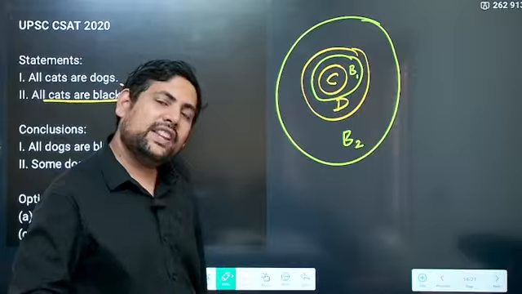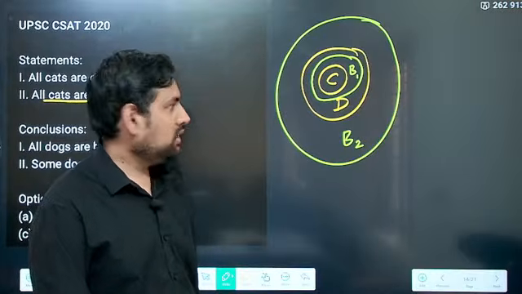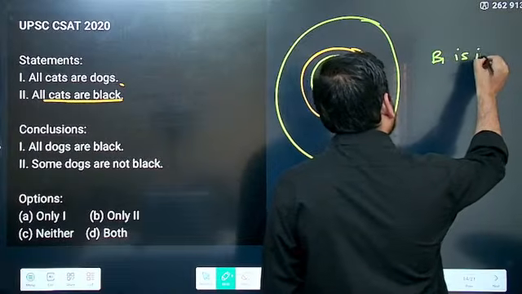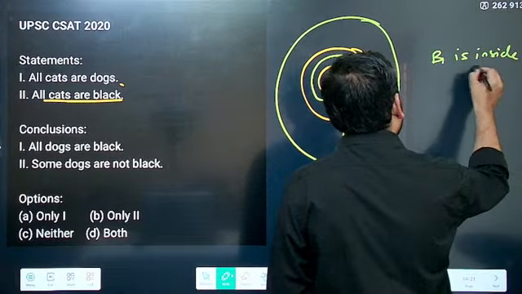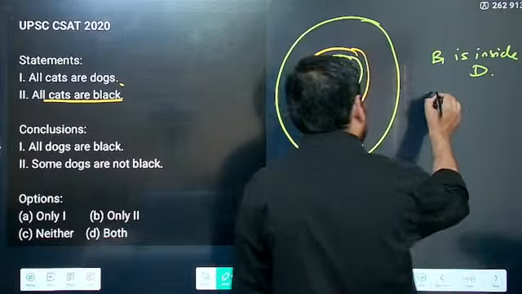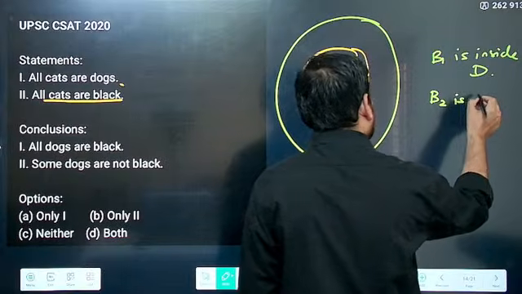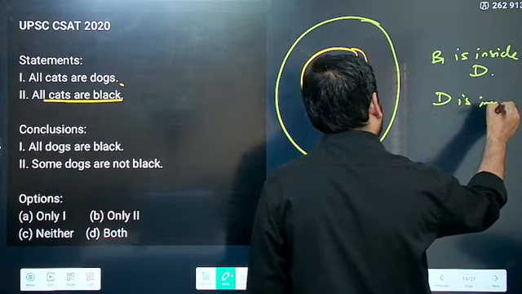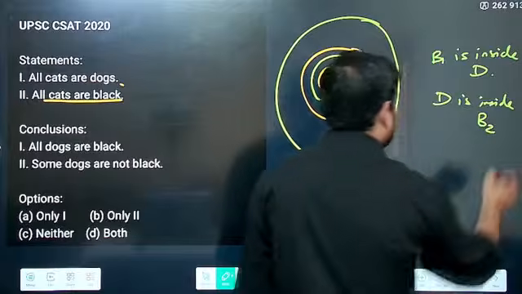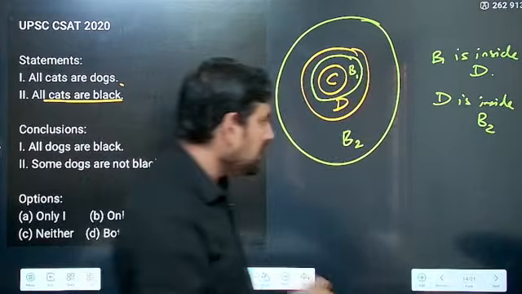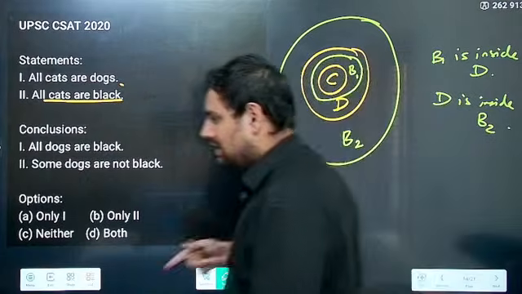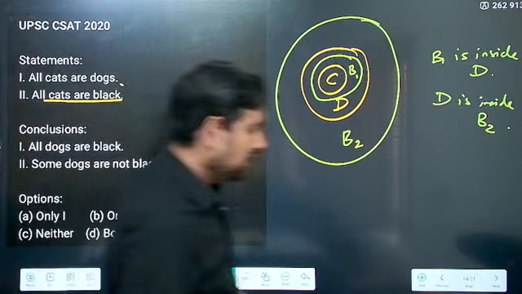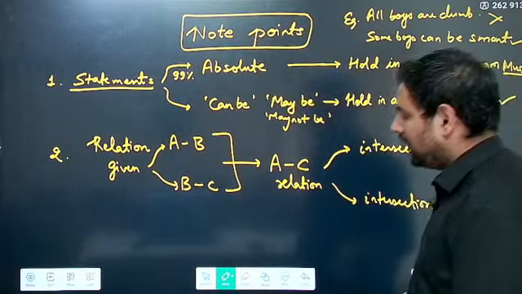Now why are these two different diagrams? Because in one of them, B1 is inside D, that is dog, and in the other one, D is actually inside B2. So that's why they are very different scenarios. And this is what we know as the relation between A, B and C. So why you got two diagrams, understand this.